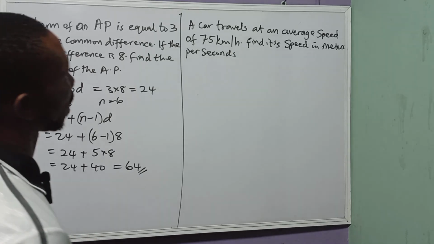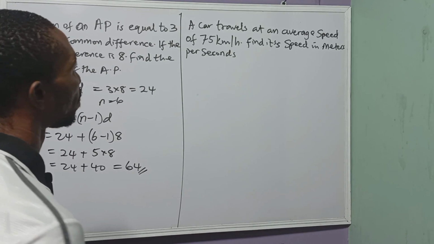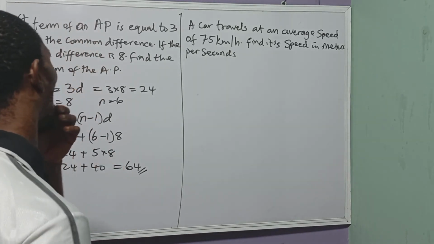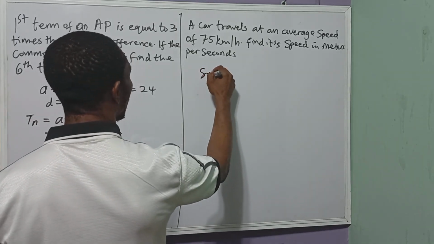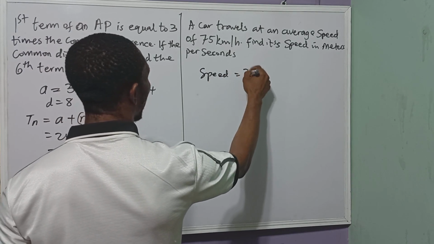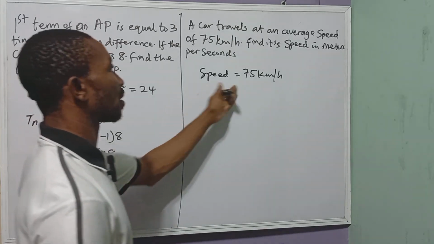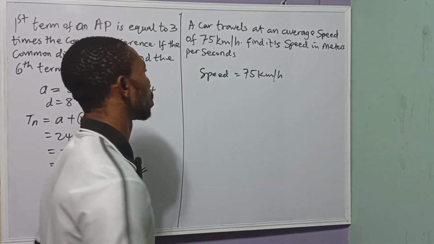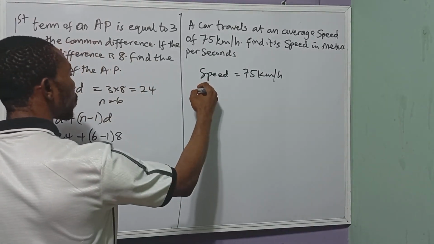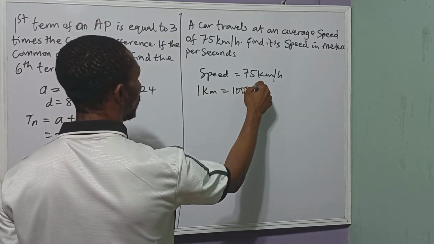Now, a car travels at an average speed of 75 kilometers per hour. Find its speed in meters per second. We've been given the speed as 75 kilometers per hour. So they want us to convert the 75 kilometers per hour to meters per second. And we know that 1 kilometer is 1,000 meters.